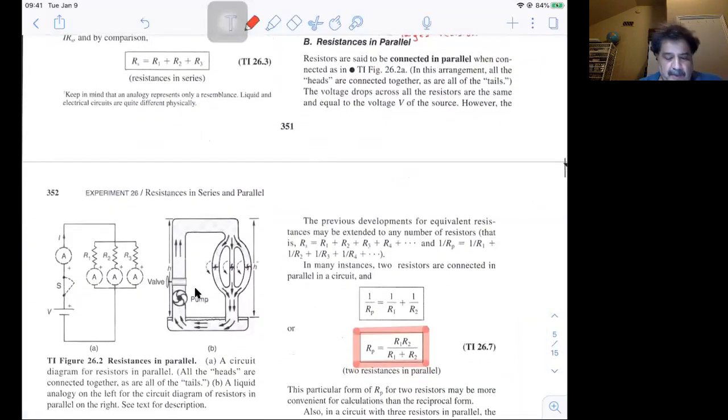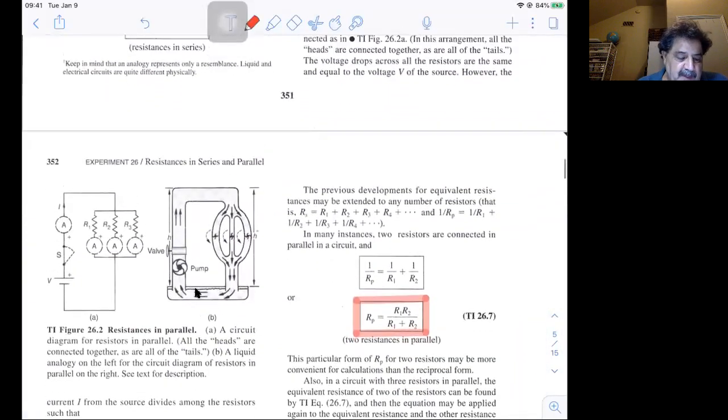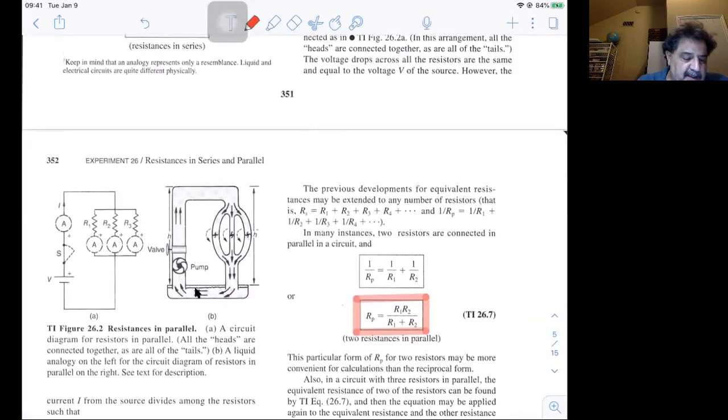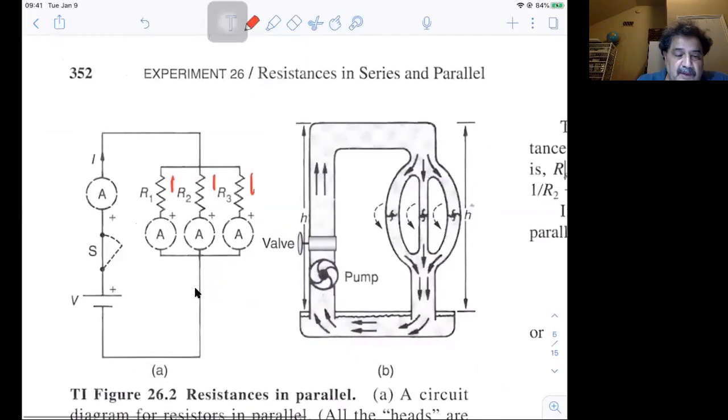Not so easy with parallel. And then here's a parallel circuit. Now in a parallel circuit, this voltage across here will be the same for all resistors, but you're going to have different currents. You're going to have I1, I2, and I3.